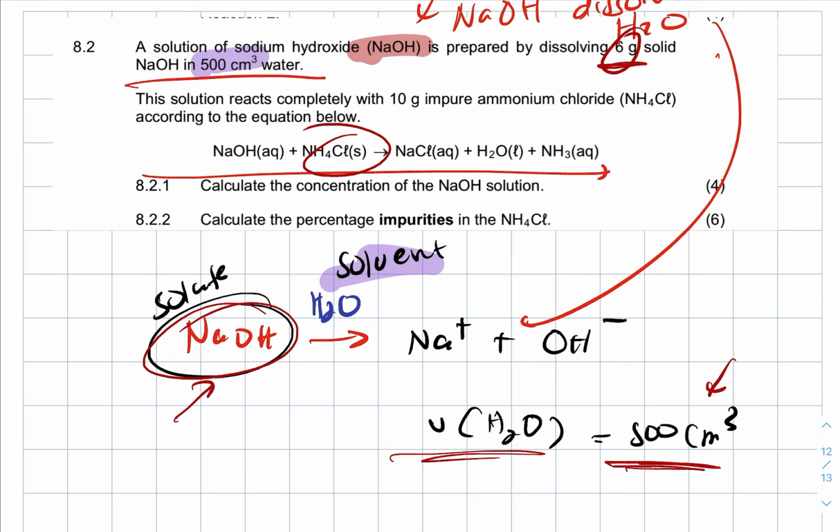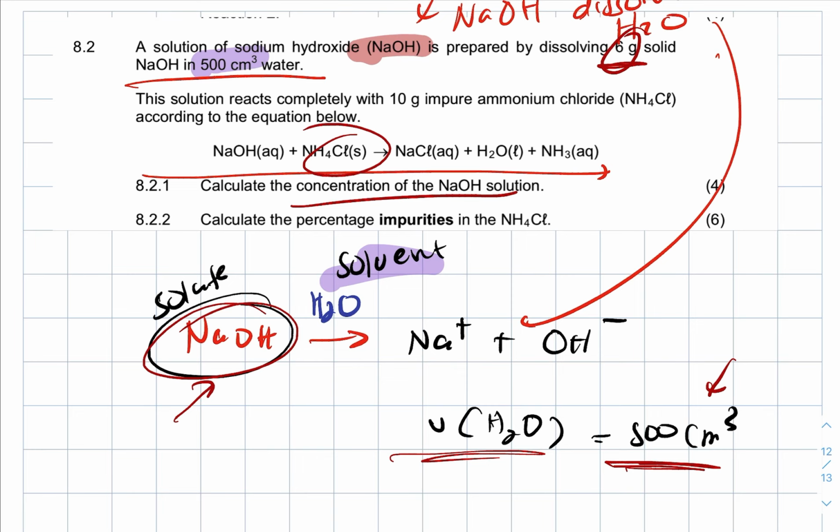It's no longer solid then after being dissolved. So the question, in 8.2.1, I think is somewhere along the lines where we'll need to calculate the concentration of the sodium hydroxide solution.